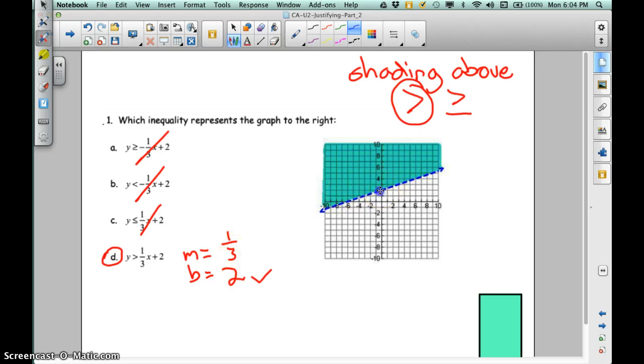So let's try it. If I start here and I go up, went too far, up 1 and right 3, I do land back on the line, which is exactly what I want to happen. So D is the correct choice.